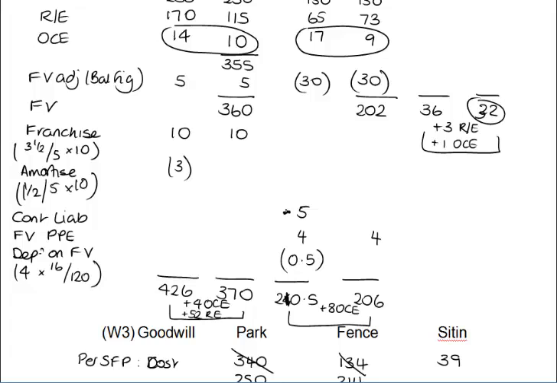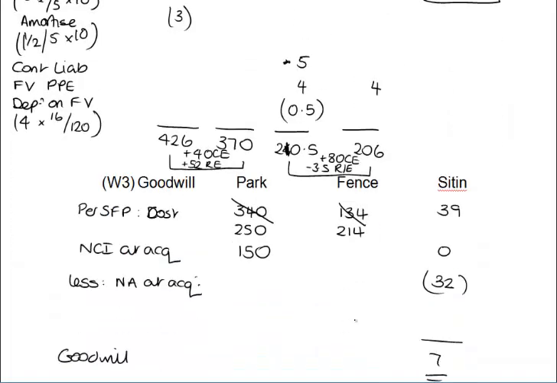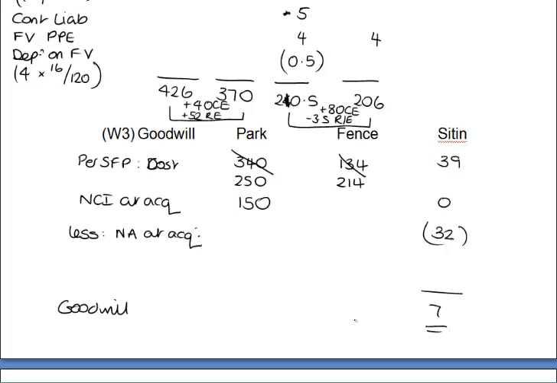So we've got an 8 increase in OCE. It's gone up by 4.5 overall. So therefore we've got a decrease in retained earnings of 3.5. Because we know we've got to split up the increases and decreases in net assets between OCE and between retained earnings as well. We can now calculate goodwill.